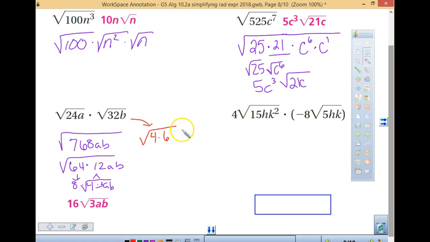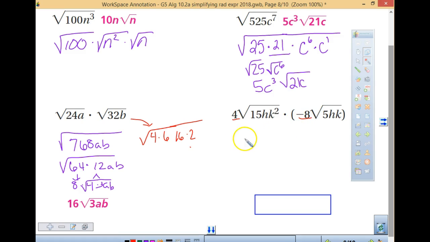And I might have factored 32 as a perfect square, 16. And that might help me to break it down a lot easier to find those perfect squares, because I can find the square root of 4 and the square root of 16. And this is going to be the square root of 12. So there's many ways of doing this, right? This one, the numbers are a lot better.